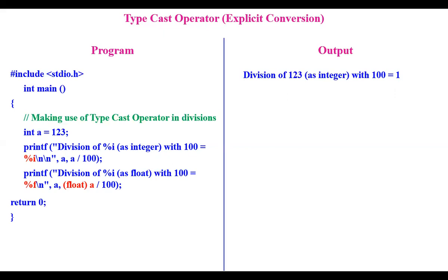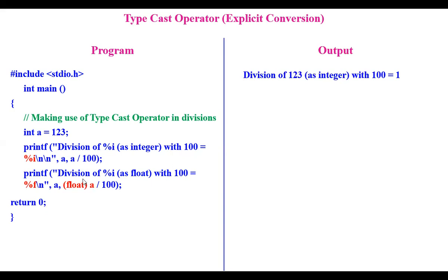Because we are doing integer division, a division between two integer values. 123 is integer, 100 is an integer. So 123 by 100 with integer values, that 0.23 has gone and it is displaying only an integer, 1.